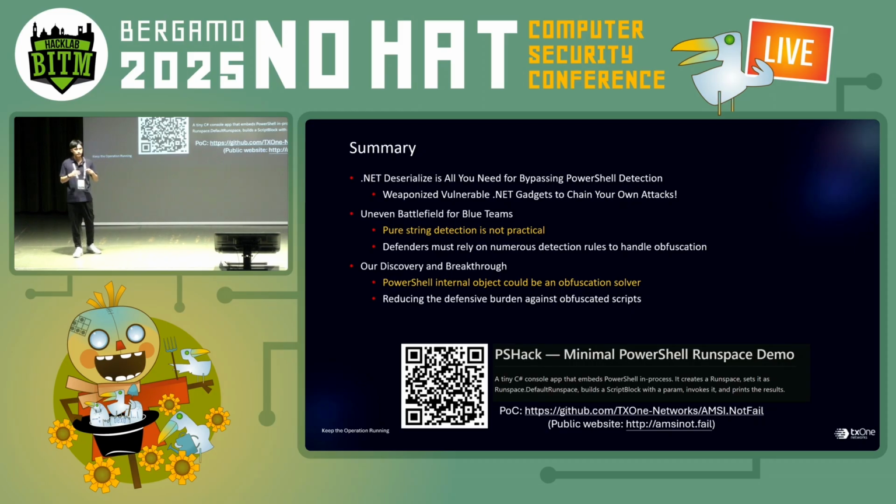We found that we can abuse the DLL to bypass Defender itself. It shows that pure string matching is not enough and not practical for detection. So we found that PowerShell internals could be used to de-obfuscate it, and we built a tool using this concept.